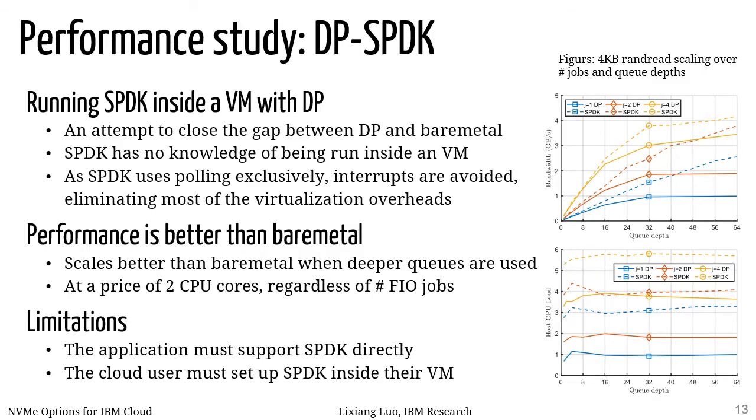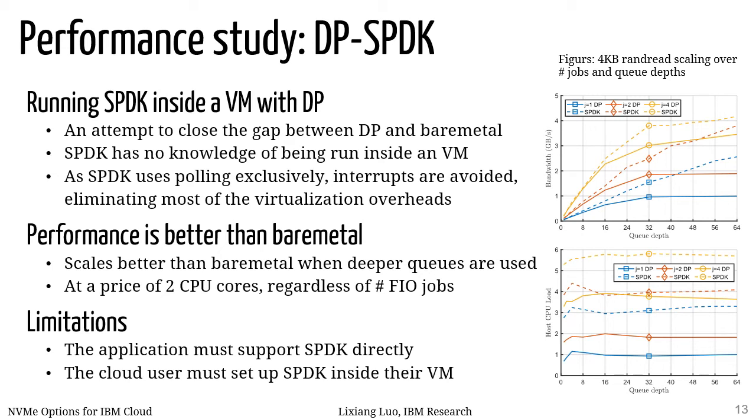So we already know that device pass-through is almost as good as bare metal, but can we improve beyond that? Actually, we found a way. We just need to run SPDK inside a VM on top of device pass-through.